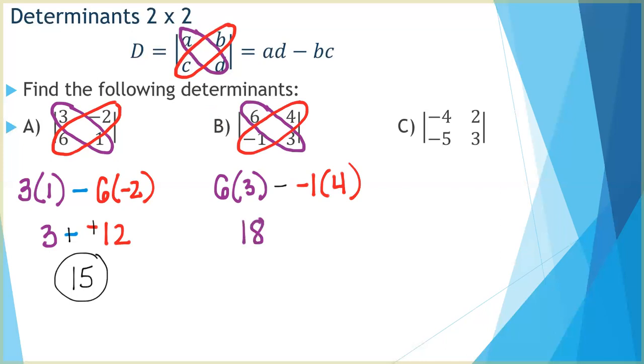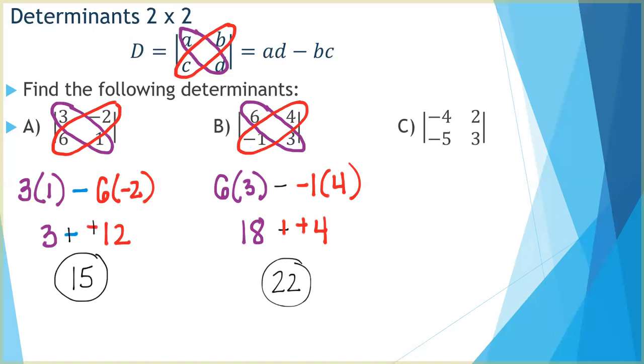And that's 18 minus -4, which again becomes addition because you're subtracting a negative, and you would get 22.